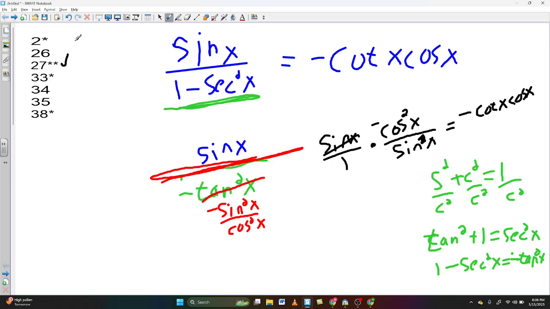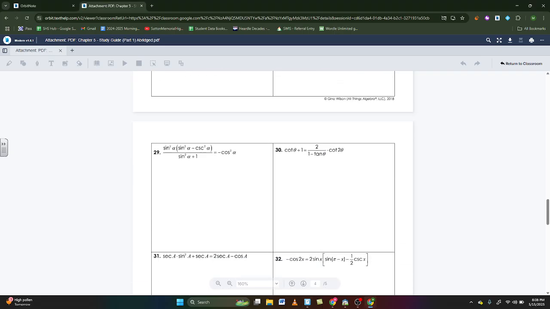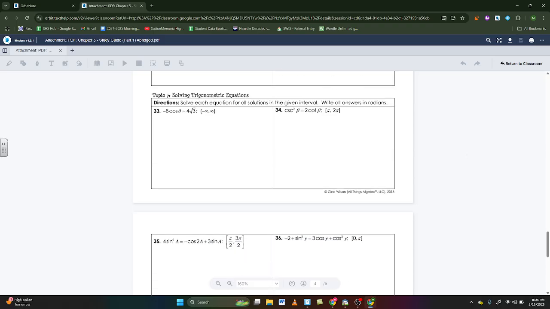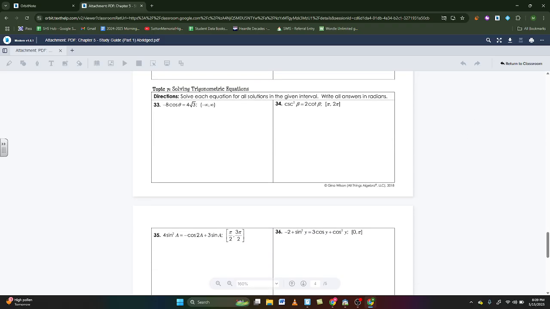So now I was asked to do the ones with the stars and the ones without the stars. Looks like 34 and 35 are going to be similar type of problems. I don't know which one's worse, but we can find out in a second. Yeah, they're both pretty similar, so let's just go with 34.